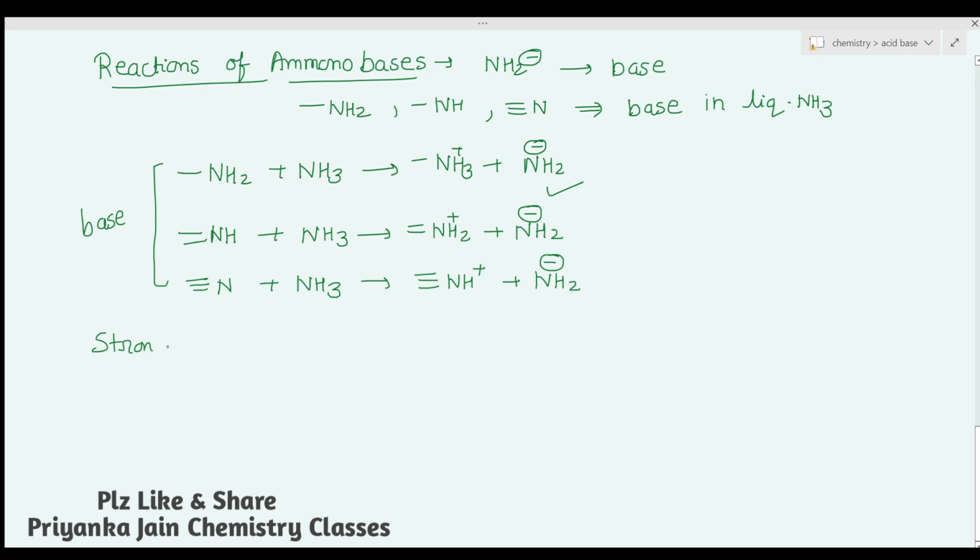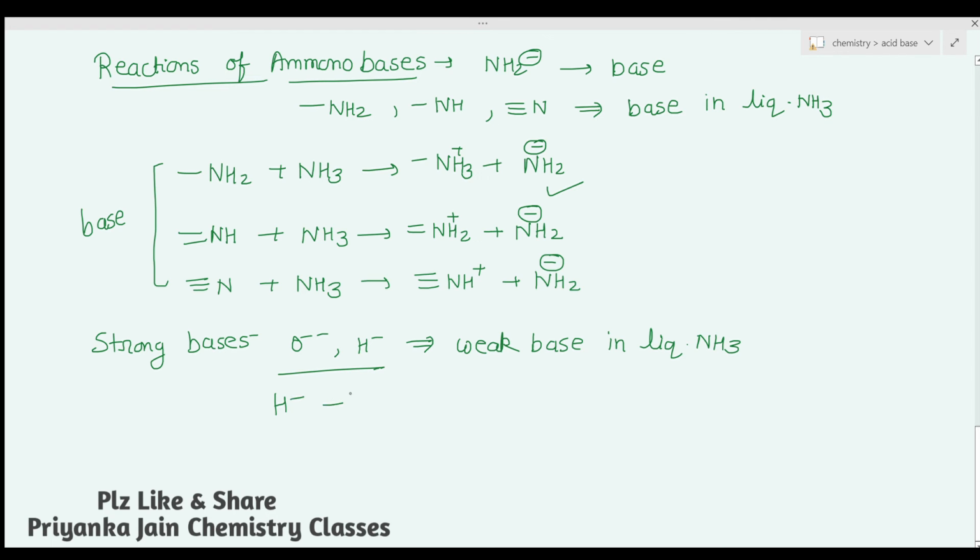Strong bases means O2−, OH−. These all will act as weak bases. These are the strong bases in water, but these are acting as weak bases in liquid NH3. For example, see here H−.